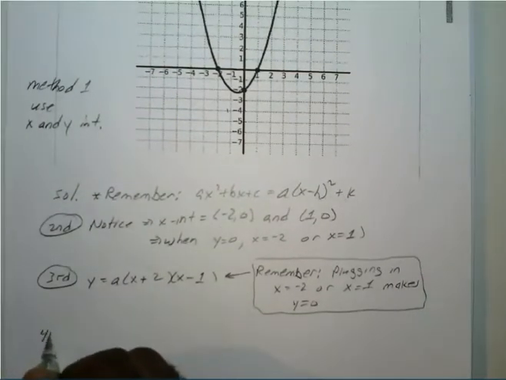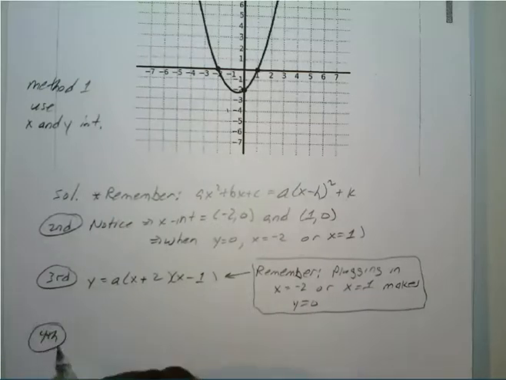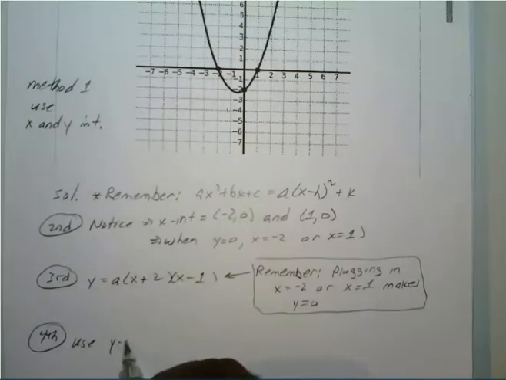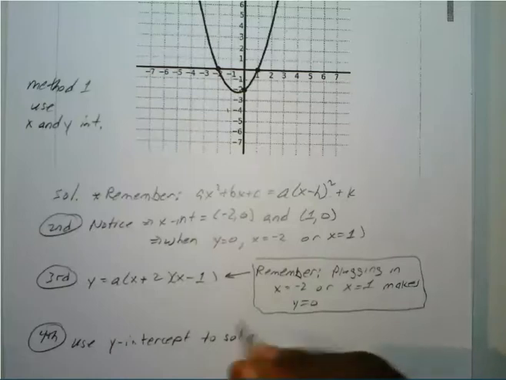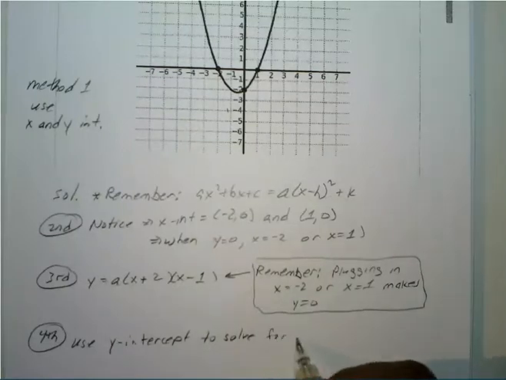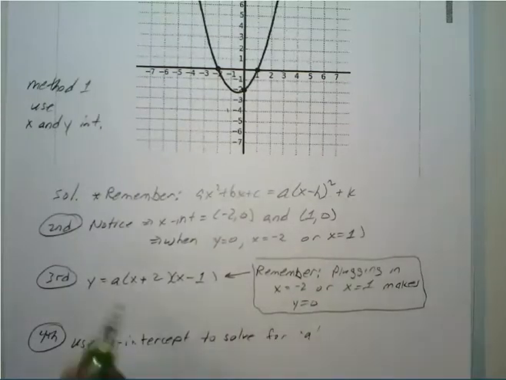Now, for your fourth step, we're going to use the y-intercept to solve for our a, because we still have our a here.